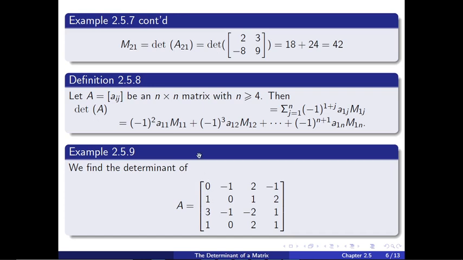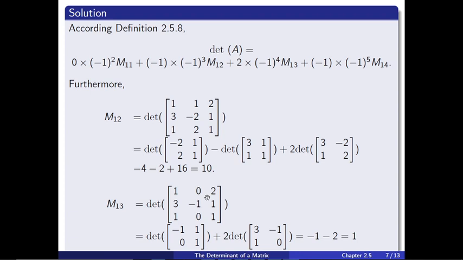It is 0 times M11. In this case, because this is 0, we don't really need to calculate M11 because it's just a waste of our time. We are going to get it multiplied by 0, so we don't worry about that.